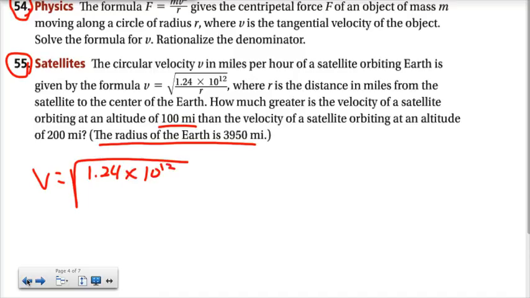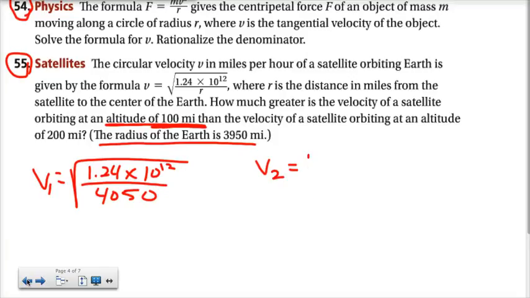Now the radius of the Earth is 3,950, but we would have to add the height of the altitude because we're saying it's above the Earth by that amount. So if we have 3,950 and we add 100 to that, we're going to have 4,050. And then that was my first velocity.